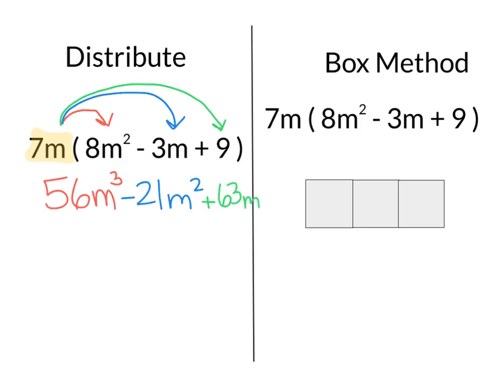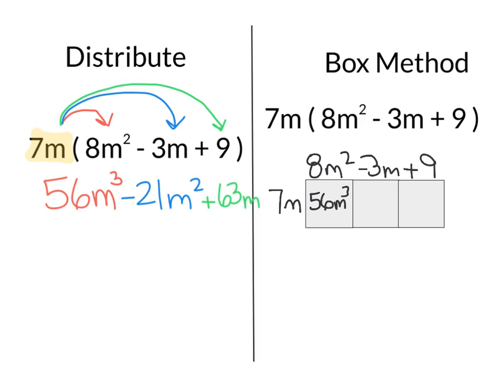All right, on the right side of our screen, we're going to take that same problem, but we're going to use this box method to solve it. So I put my monomial over here, my 7m, and then each piece of my trinomial I'm going to put here at the top. And I remember I have to multiply each row and each column together. So 7m times 8m squared is going to be 56m cubed.